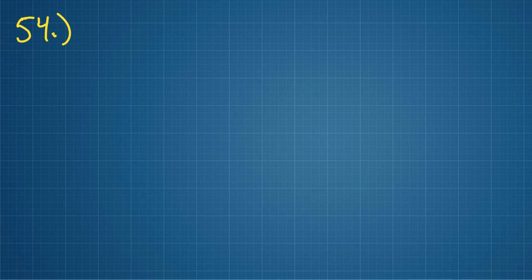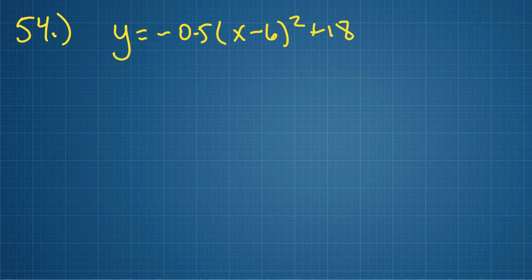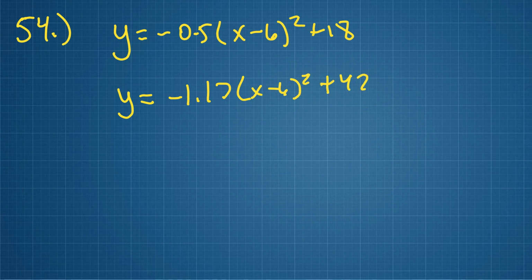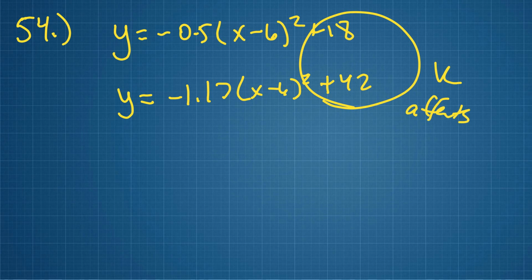That's it. 54 has two things. They have y equals negative 0.5 times (x minus 6) squared plus 18, and y equals 1.17 times (x minus 6) squared plus 42. He said, what affects the height? In my opinion, k affects the height the most, because if I flip the k's, they would change the heights of those parabolas.